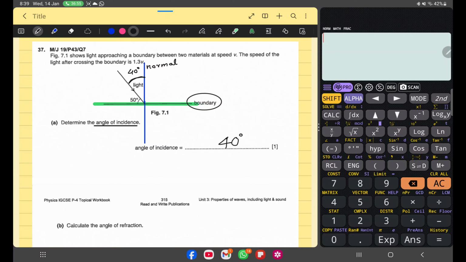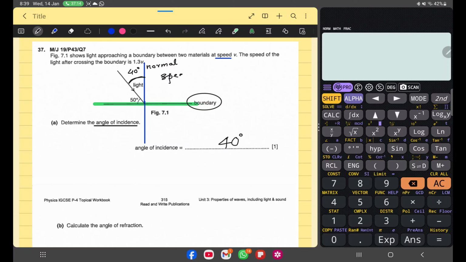And the new thing in this question is the speed of light is v, and when the light crosses the boundary, the speed is 1.3. What does it mean?